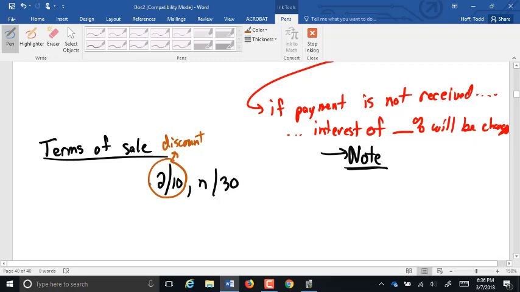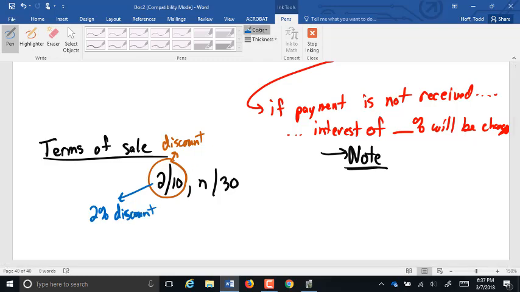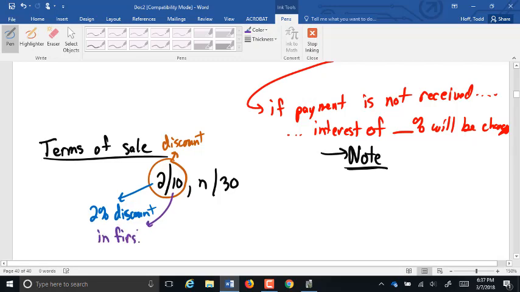The 2 is saying 2% discount. The 10 is saying if paid in the first 10 days. 10 days after what? Well, that invoice date.